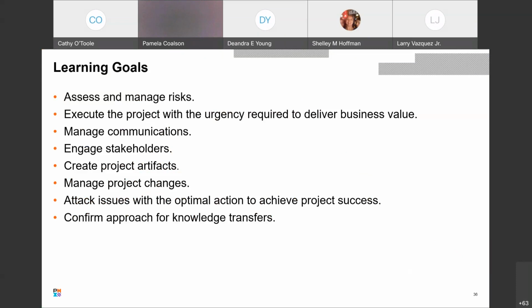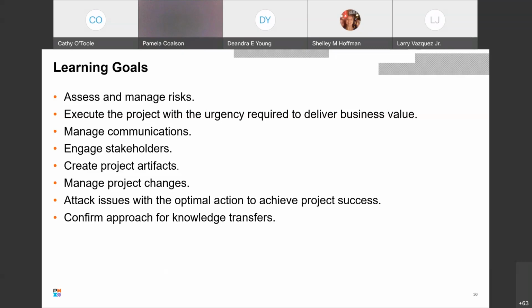We've talked about managing communications, engaging stakeholders, creating project artifacts, that being the risk management plan, which has your risk register, your risk responses, and it also could have some of your strategies for how you're going to manage your risks.